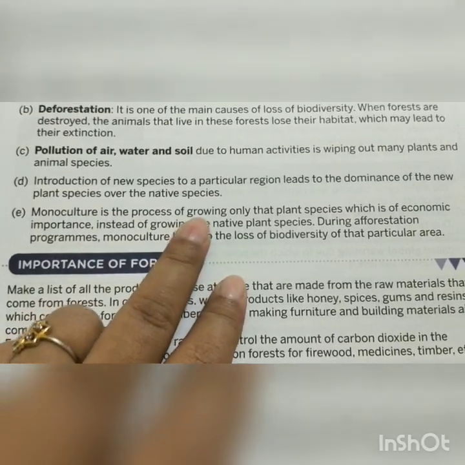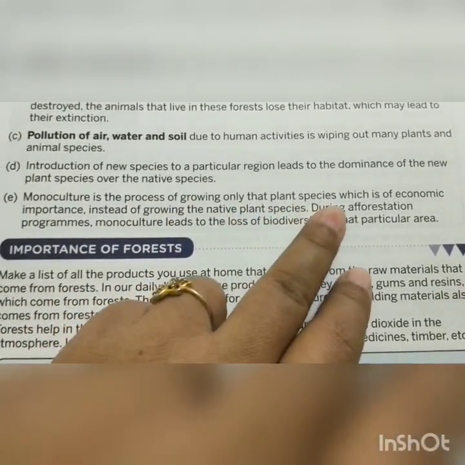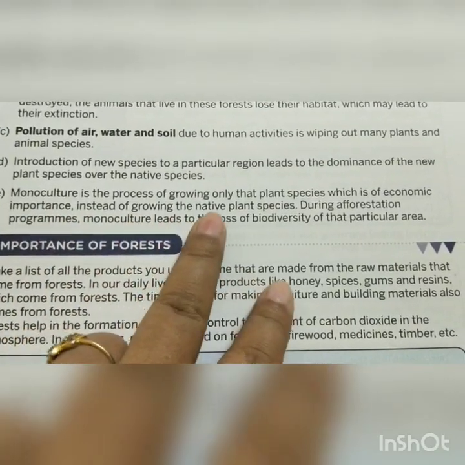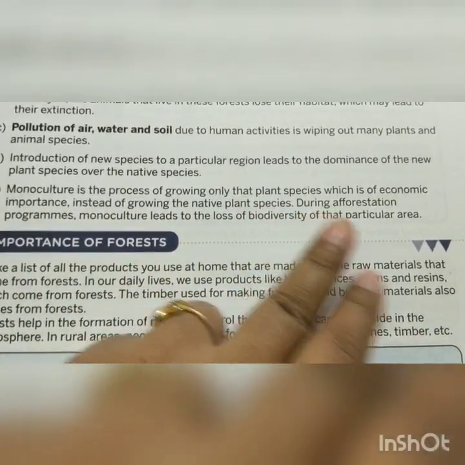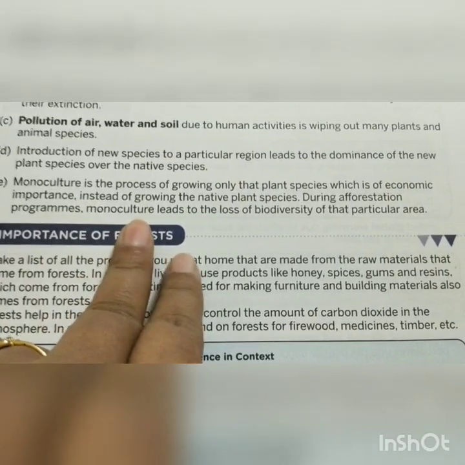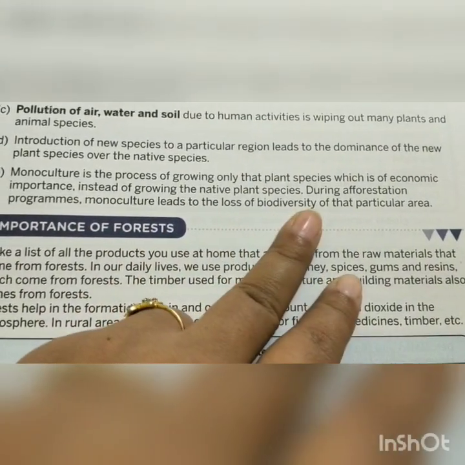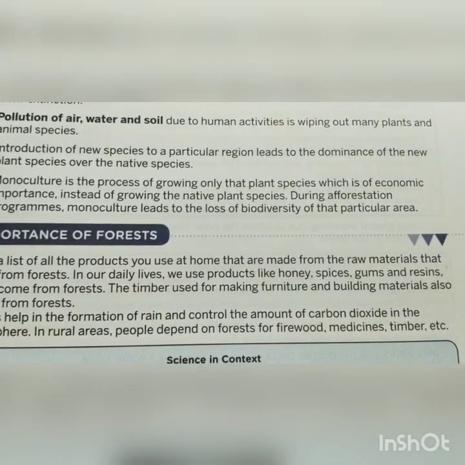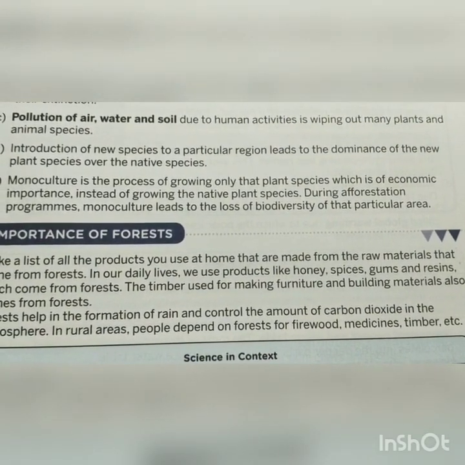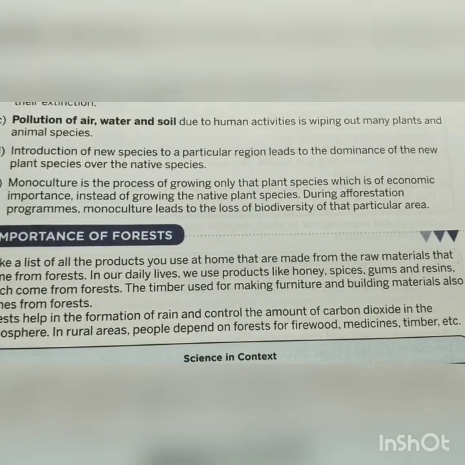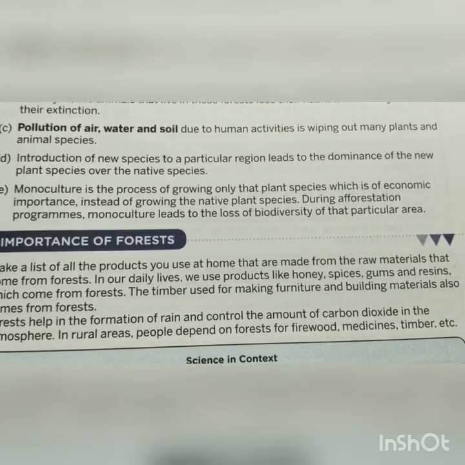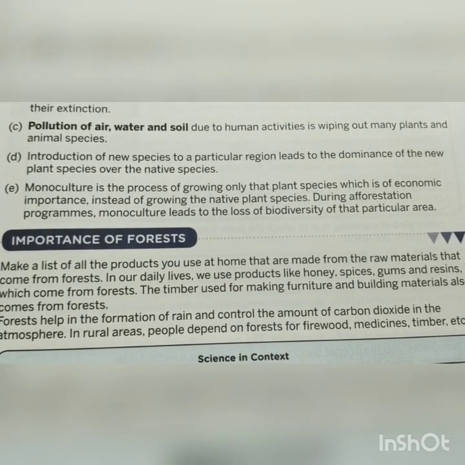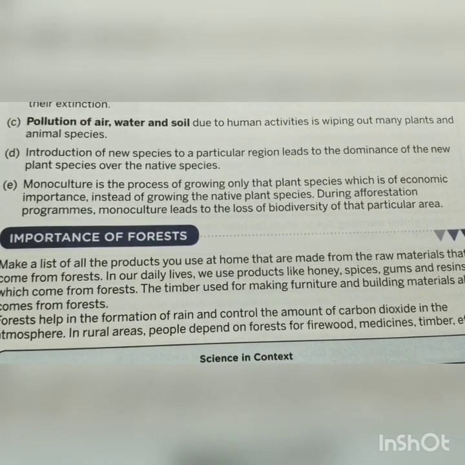Monoculture is the process of growing only that plant species which is of economic importance, instead of growing the native plant species. During afforestation programs, monoculture leads to the loss of biodiversity of that particular area. In some places, people are growing plants which have economic value, instead of growing the native plant species.